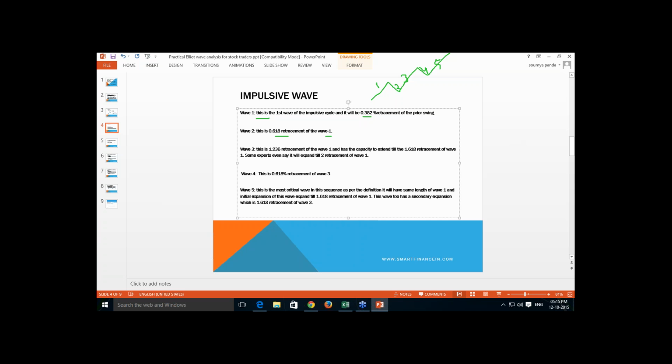If wave 3 is an expansion, wave 5 also is going to become an expansion. Similarly, wave 3 should not take more than 3 times the time taken by wave 1. In a similar way, many rules are implemented to enhance the accuracy level of these waves.